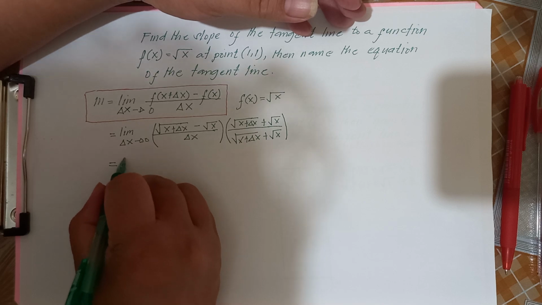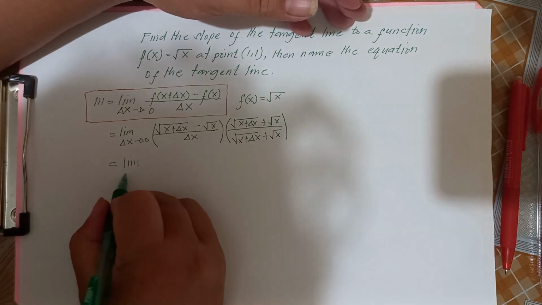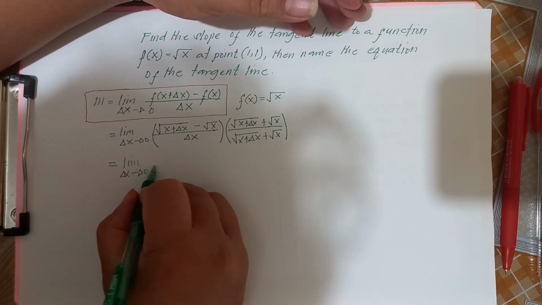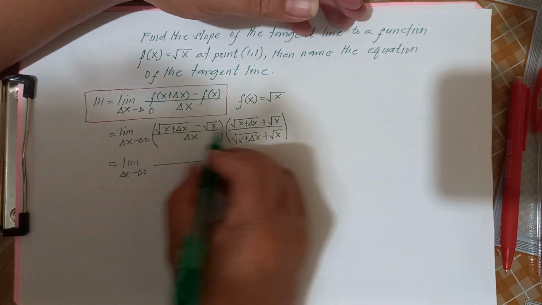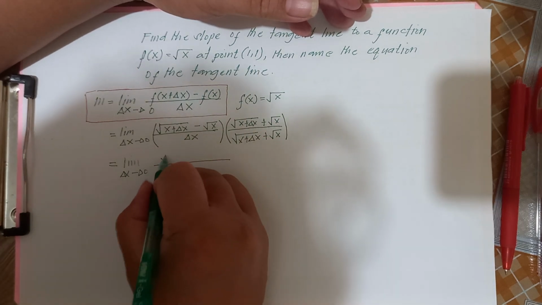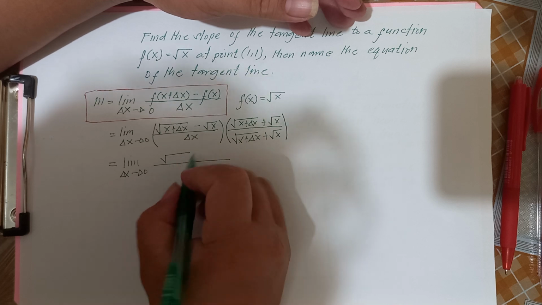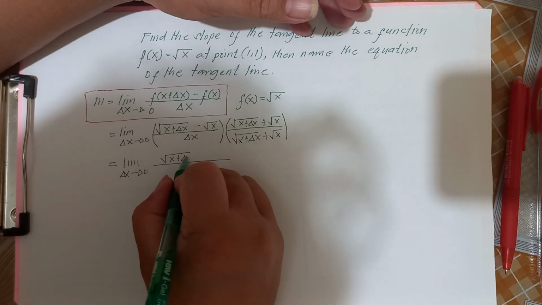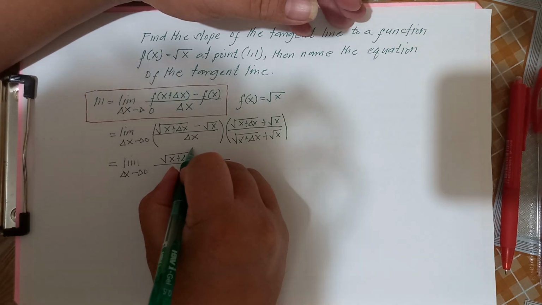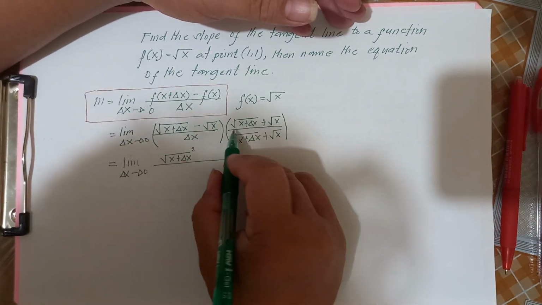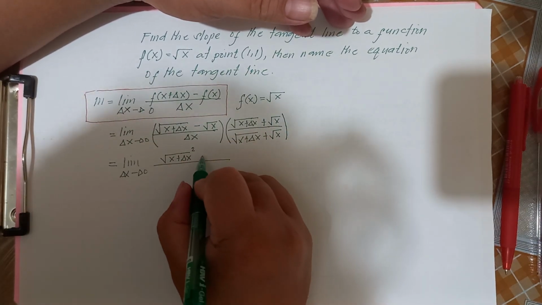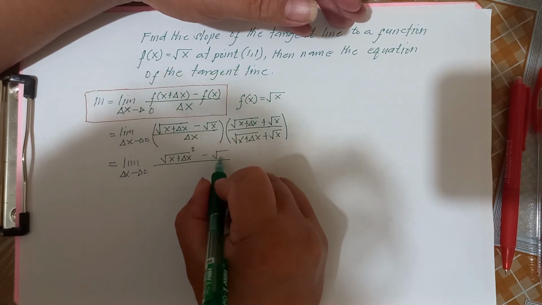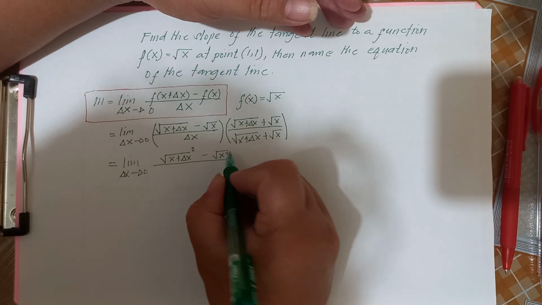If we continue that one, that is the same as the limit as change of x approaching 0 of the square root of x plus change of x, actually that is raised to 2. Definitely there is no middle term, but that is minus the square root of x raised to 2.